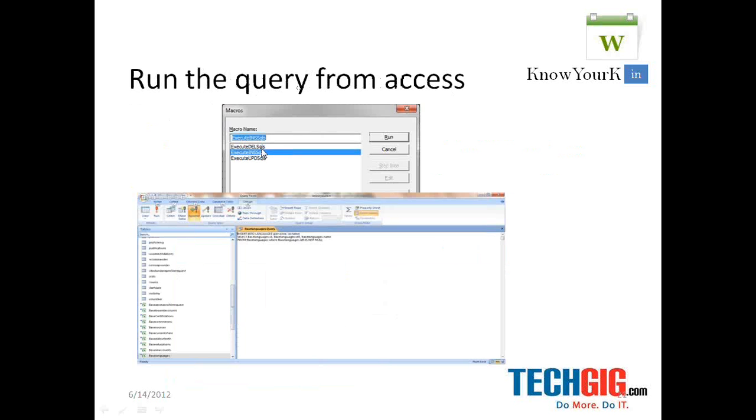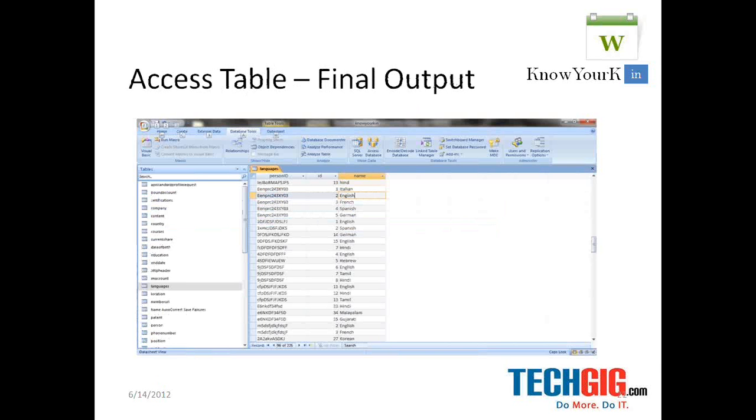If you can see here, you can also have an execute insert SQL, which bulk inserts the data from LinkedIn. Here is the final output of the Access DB, where you transfer all the data from the base language, from the Excel sheet linkable table, to the language table.